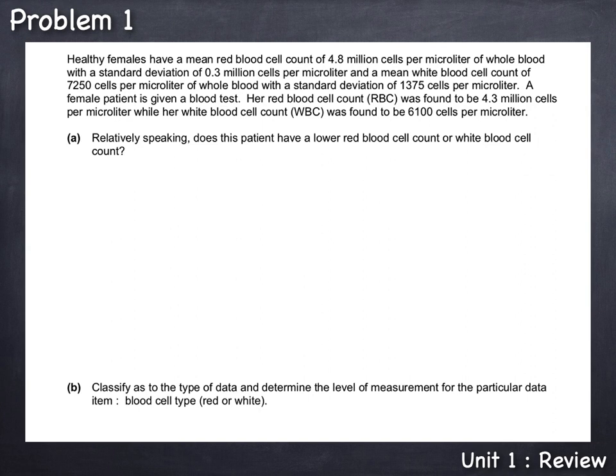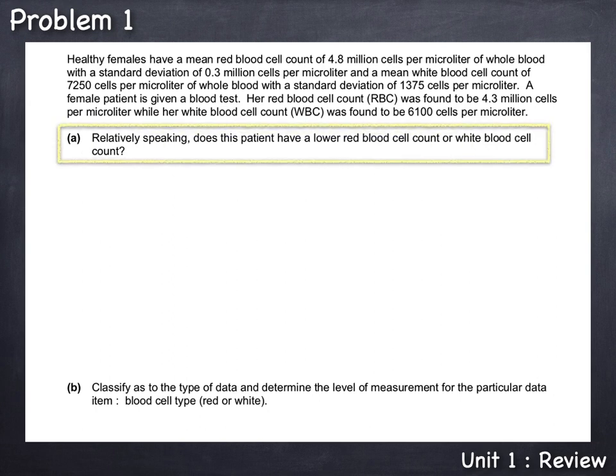A female patient is given a blood test. Her red blood cell count, or RBC, was found to be 4.3 million cells per microliter, while her white blood cell count, or WBC, was found to be 6,100 cells per microliter.